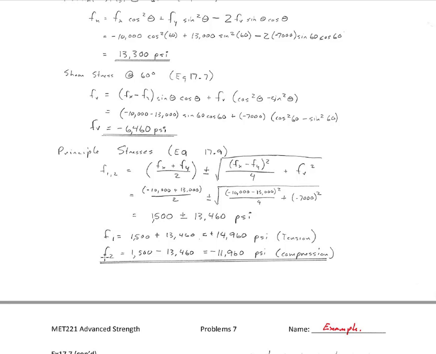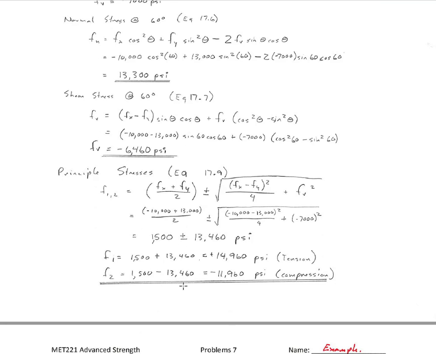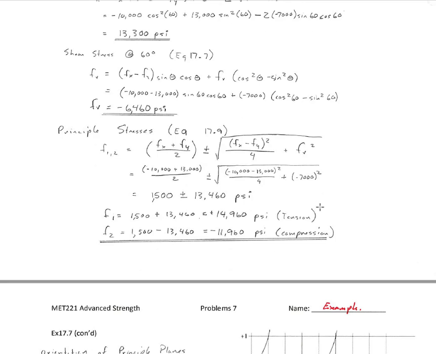And then my other principal stress is going to be in compression: 1,500 minus the 13,460. So those are our normal stress at 60 degrees, shear stress at 60 degrees, and also our principal stresses for this element.